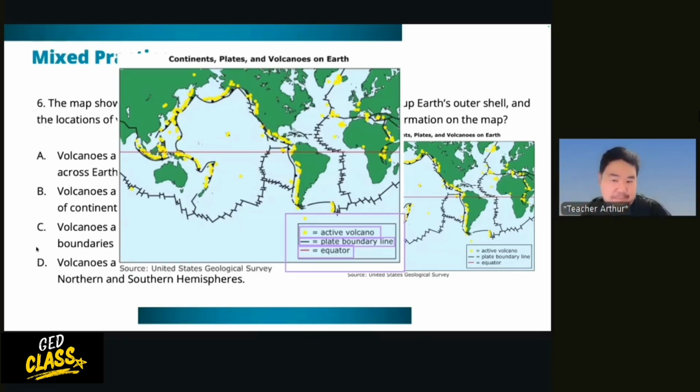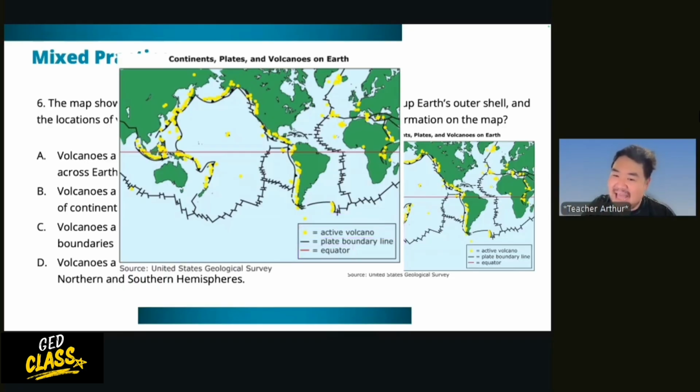That's the pattern. The yellow being the active volcanoes, almost all the yellow dots are right on the black. So the active volcanoes are on the plate boundary lines. That's the pattern that you see here in this map.